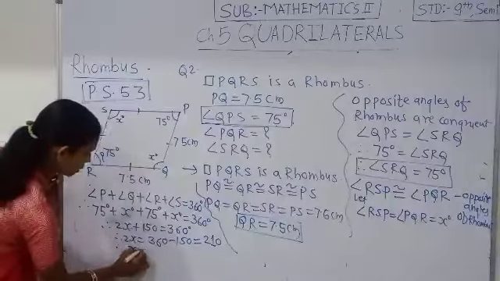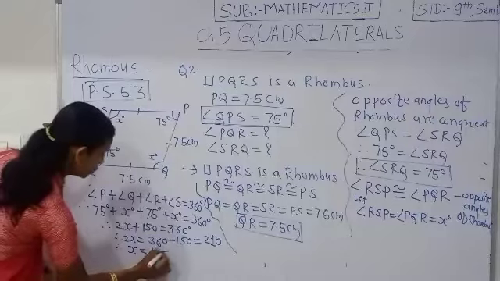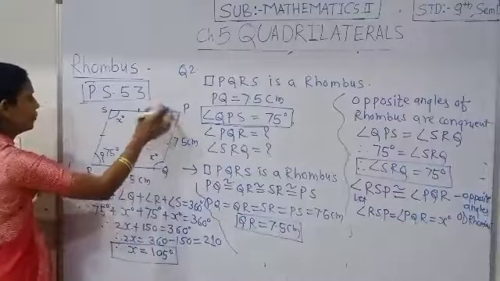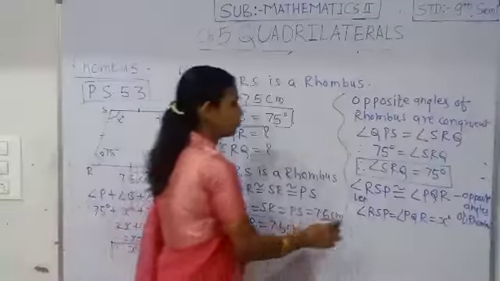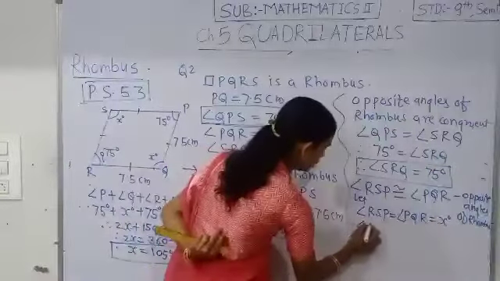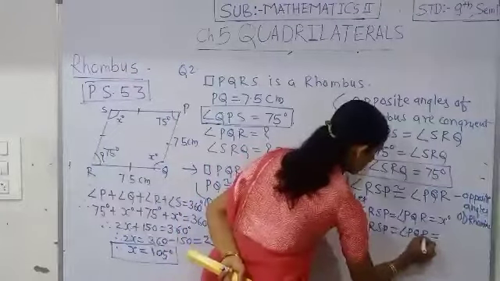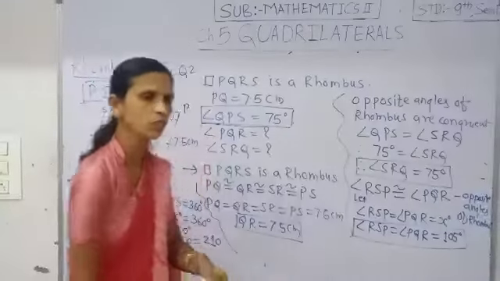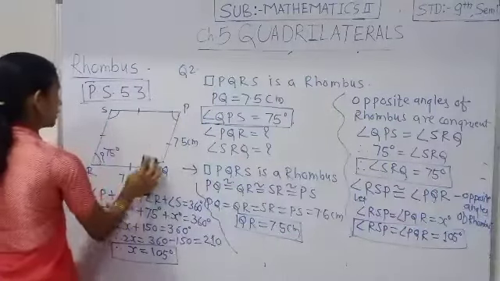Here x equals 210 upon 2, that is 105 degrees. And angle PSR and angle PQR equal x degrees. Therefore, putting the value of x, angle RSP equals angle PQR is 105 degrees. That is about the few examples given in practice set 5.3.